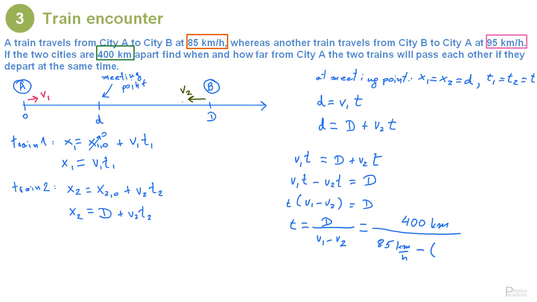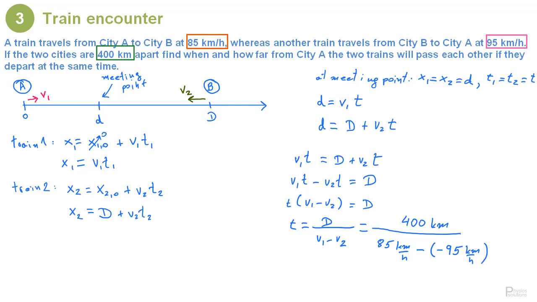That means that its velocity is pointing to the negative side of x. Our choice was that x will be pointing from left to right, so everything to the right will be positive, anything to the left will be negative. In other words, v2, this 95 kilometers per hour that we're given, is the speed, but we have to put an extra minus here because the velocity will be negative. So it's minus 95 kilometers per hour.